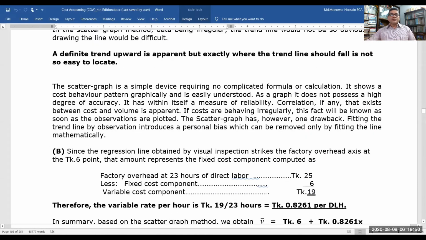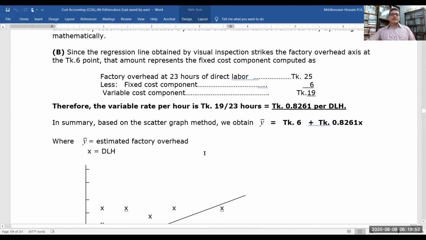So if we do it from here, look here, since the regression line is obtained by visual inspection, the factory overhead intercept is taka 6, and that amount represents the fixed cost component. Factory overhead at 23 hours of direct labor is 25, less the fixed cost component of taka 6, so the variable cost component is 19. Therefore the variable rate per hour is taka 19 divided by 23 hours, which is 0.8261 per direct labor hour.